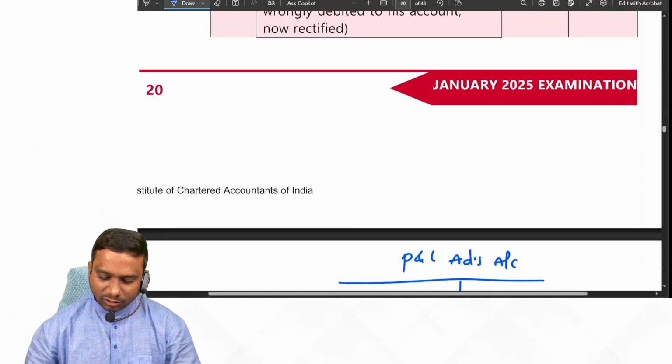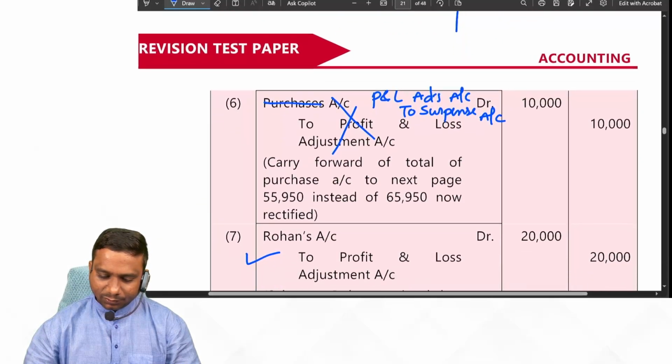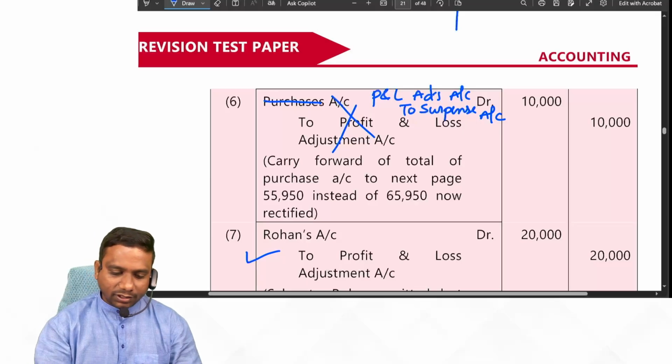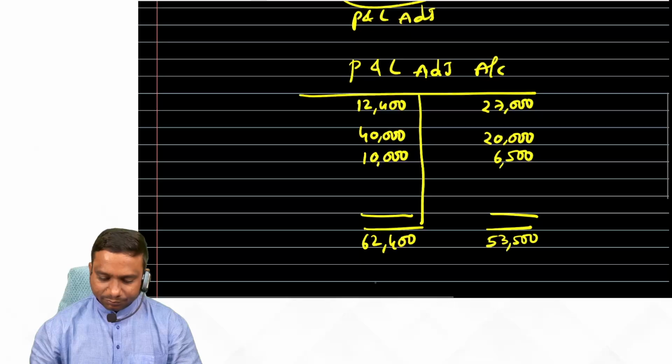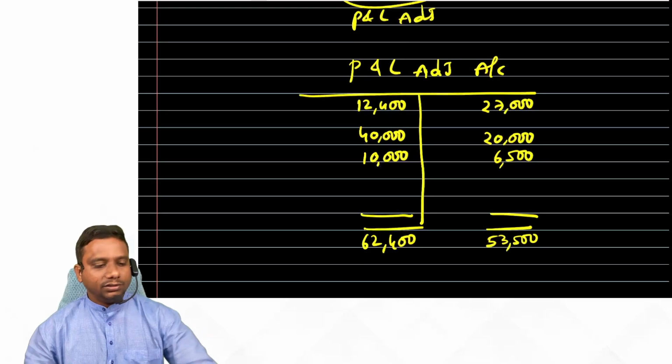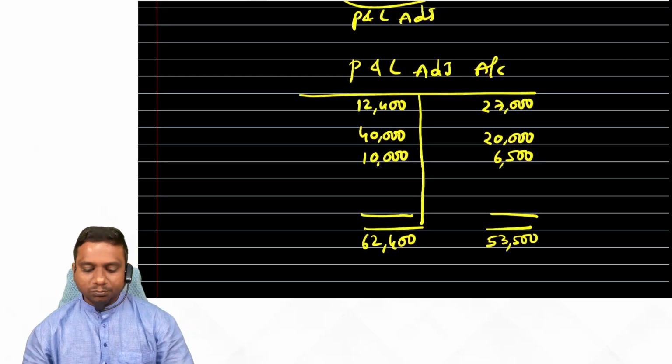Here they have committed one mistake: the 10,000 they have credited. So what is the difference we get? The difference is 53,500 minus 52,400, 1,100 rupees.